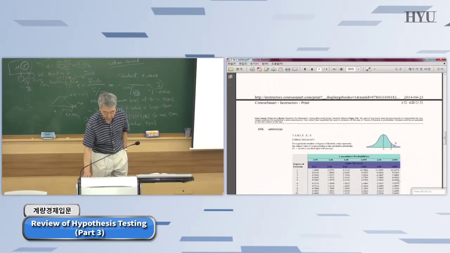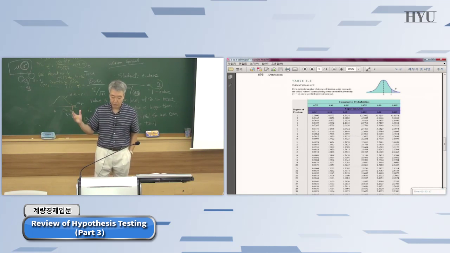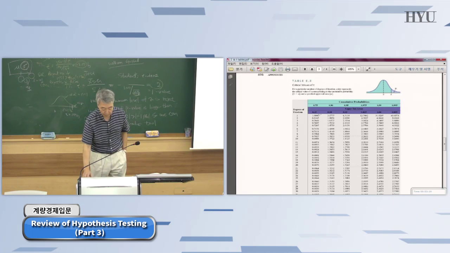But on the t-table, apparently we cannot do that, because on the t-table, we have just a few t-scores given here, right? It's the t-score for 0.025, 0.1, and so on, right?